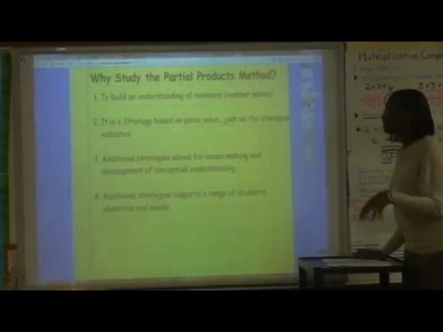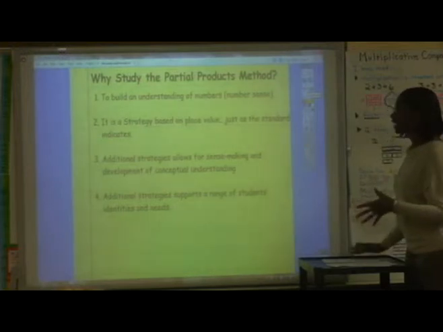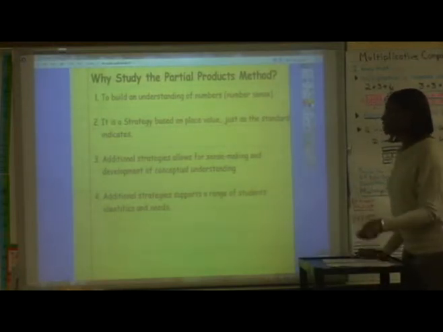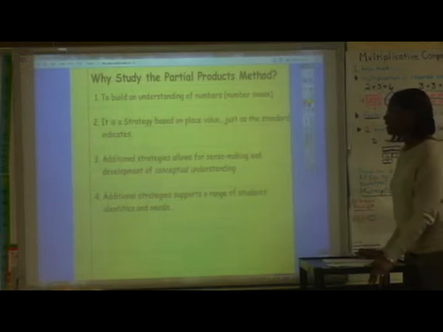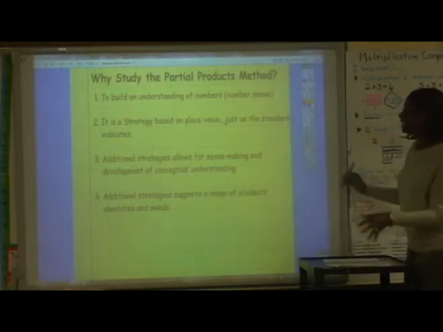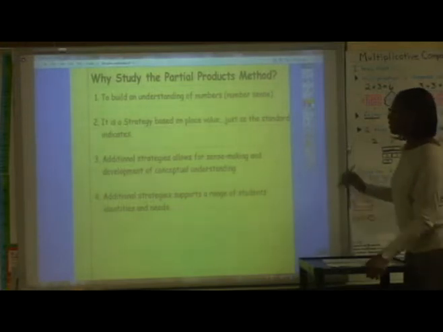In the partial products method, we use it to build an understanding of numbers. It is a strategy based on place value, as the standard indicated. And additional strategies allow for sense making and development of conceptual understanding, and support a range of students' identities and needs. So students learn differently, so we have to show them different strategies to make sure they understand.